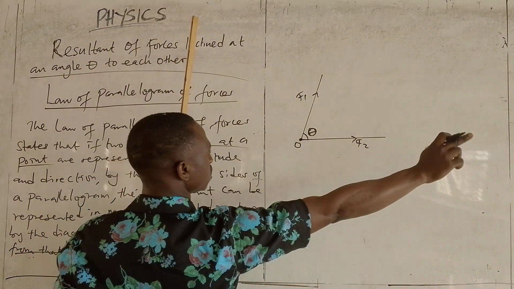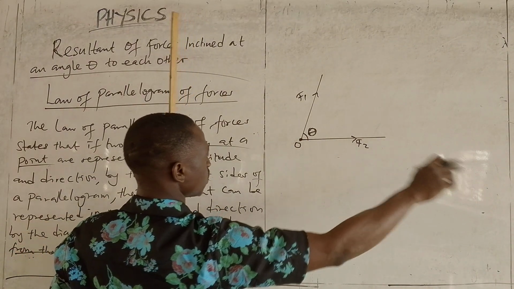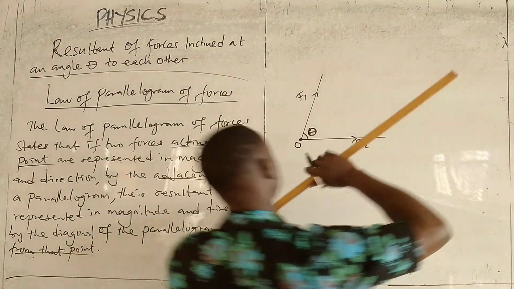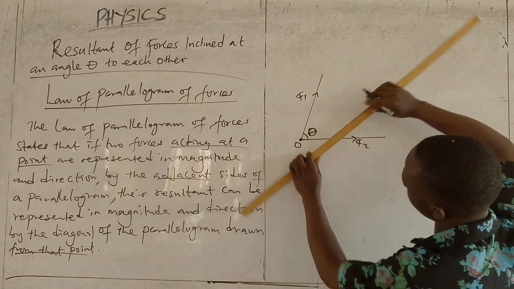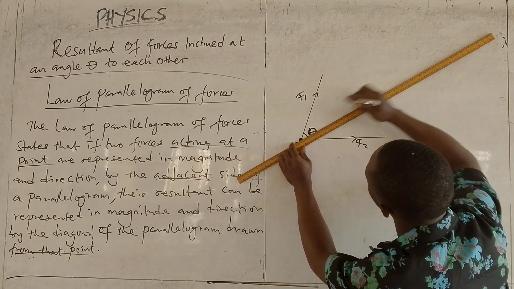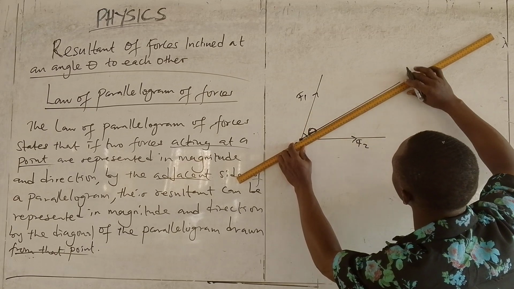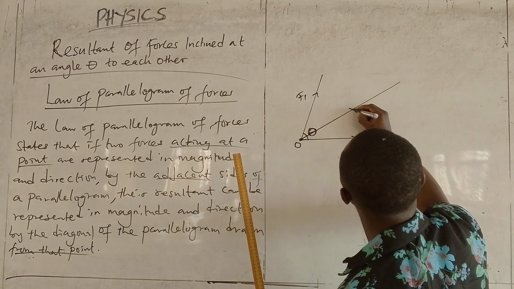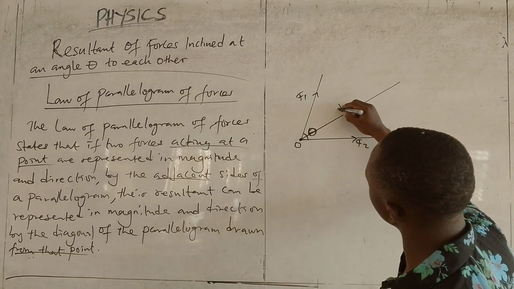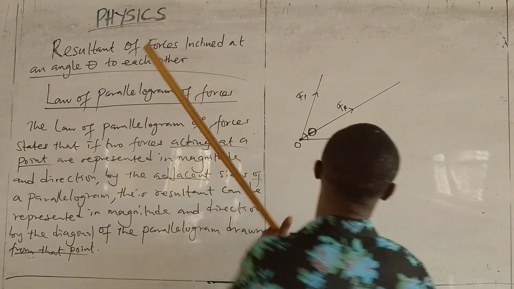F2 is dragging the particle towards there, while F1 is dragging upward in that direction. So this is the point both of them are acting at. Now, the resultant will be drawn from that point towards this direction, because you must also indicate the resultant with both magnitude and direction. So this is the magnitude of the resultant, FR.